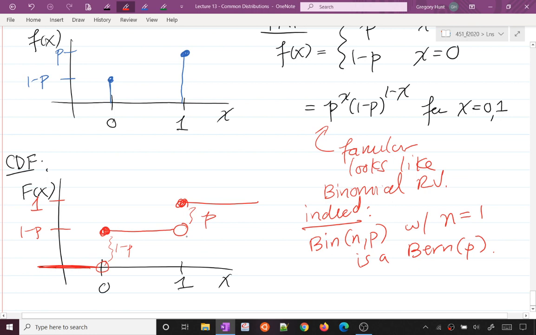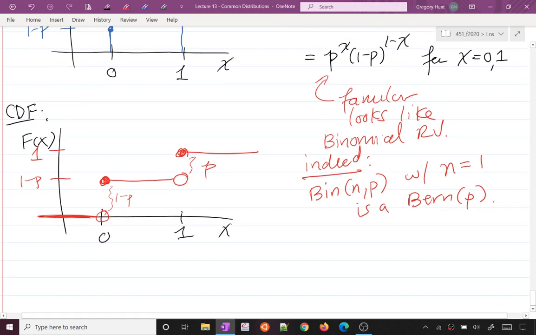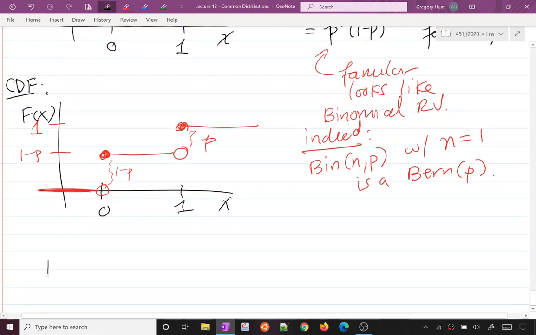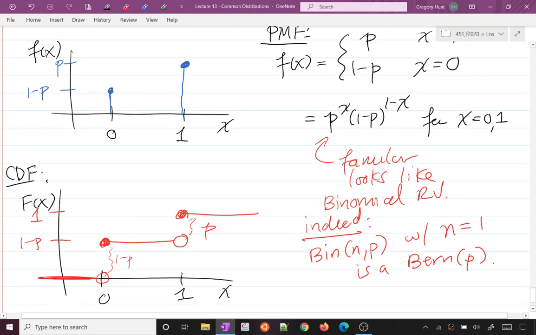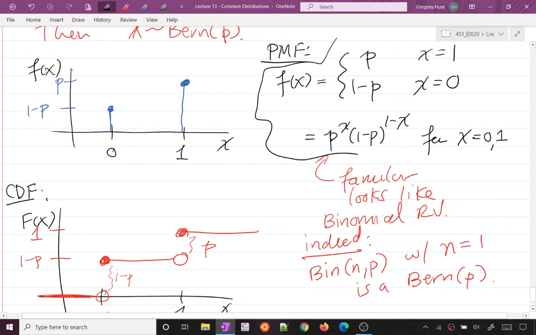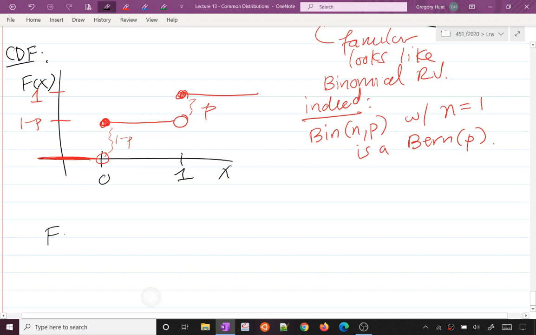And that's pretty much all you need to know if that's a valid CDF. You could write this out formally, I suppose. First of all, let's put a box around this. This is my PMF. Very simple PMF, and correspondingly, a pretty simple CDF. It's basically 0, 1 minus p, or 1. It's 0 if x is less than 0.